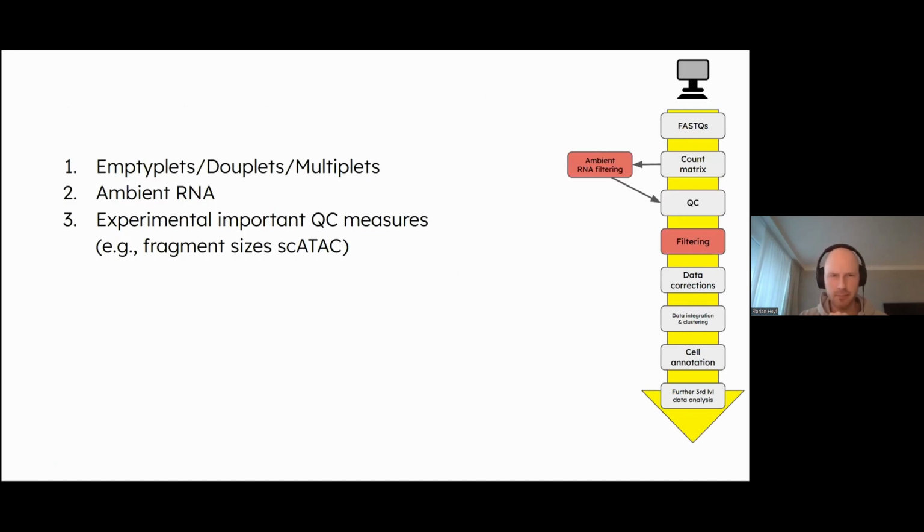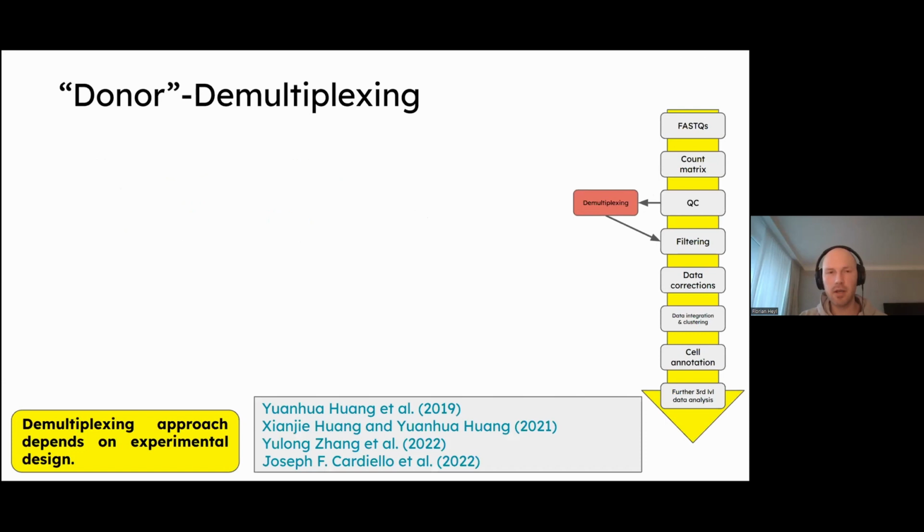So with that, I think I already explained a bit more that after the QC, you do a filtering based on tools or thresholds for empty droplets, doublets, multiplets, ambient RNA, or your experiment in general. And then we have the demultiplexing, donor demultiplexing.